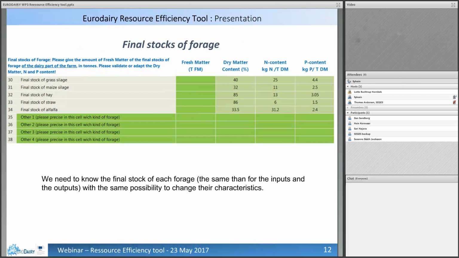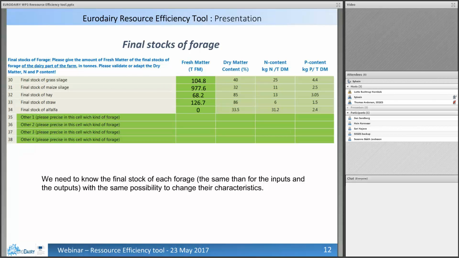I spoke about the stock variation. We only consider in the tool the stock variation of forage. So we need to know the final stock of each forage on each farm, and you find exactly the same information as for the inputs and outputs of forage, with the same possibility to change their characteristics.